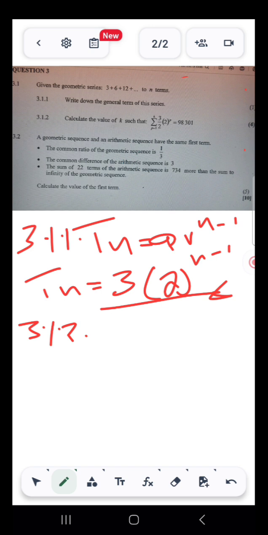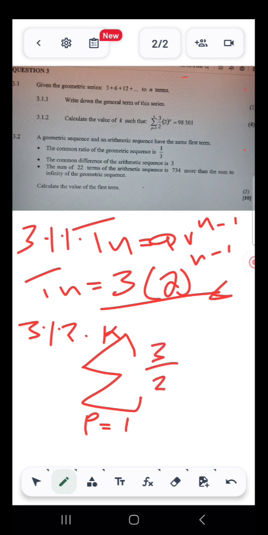So the second question says, calculate the value of k such that the sum, it's just a sigma notation for the sum, Sn, of 3 over 2 multiplied by 2 to the exponent of p, with p starting at 1, is equal to 98,301.